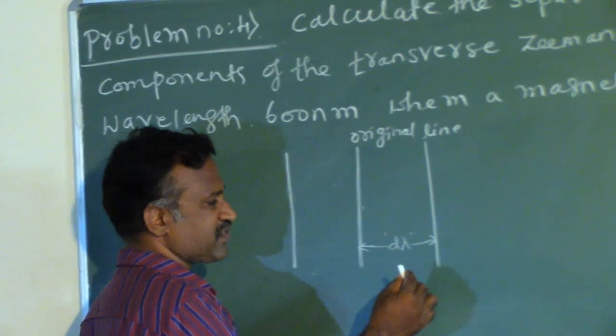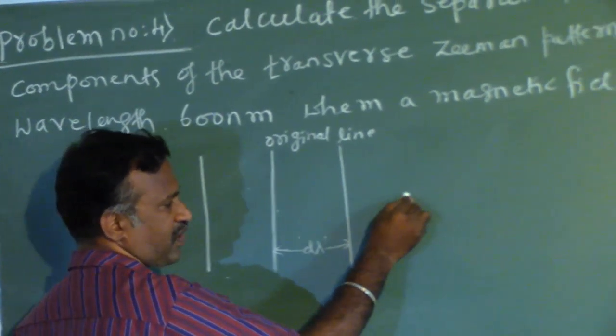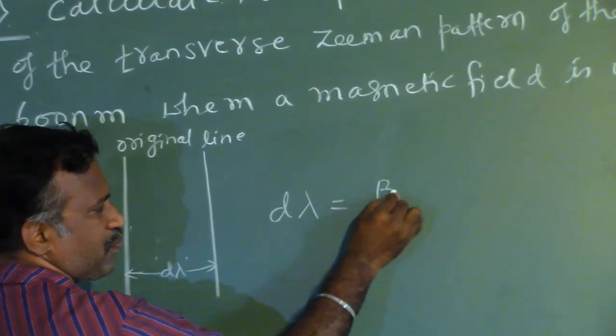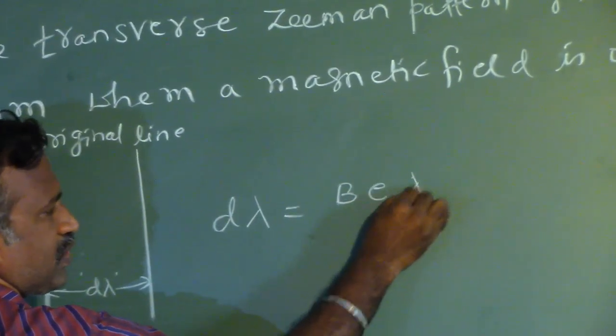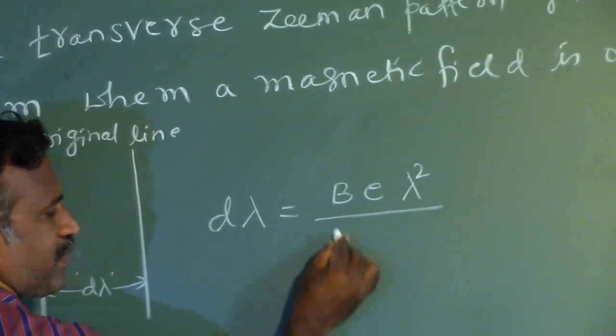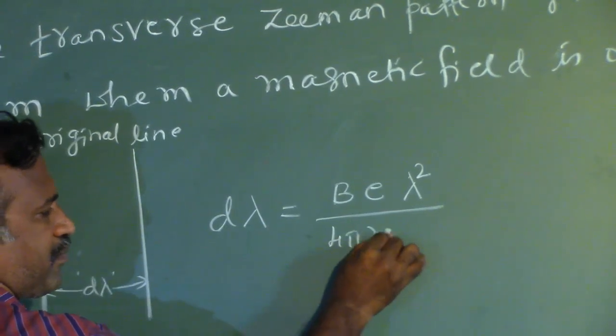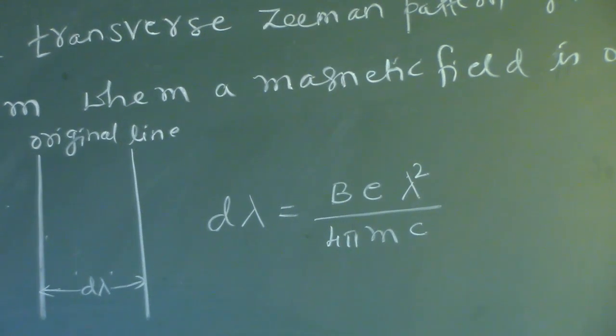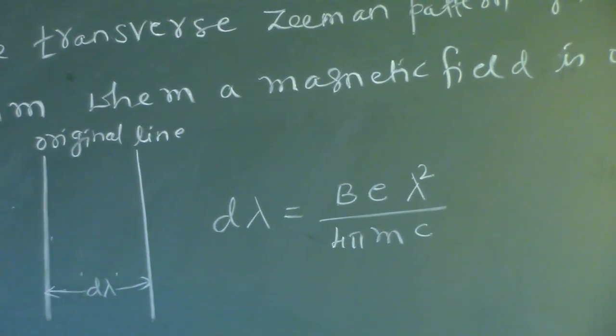What is the expression for the Zeeman shift? The expression is d lambda equals B into e into lambda square, the whole divided by 4 pi m into c. Let us list the given data.